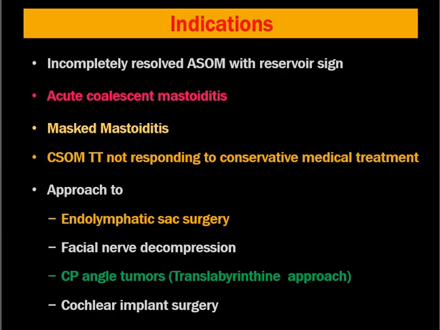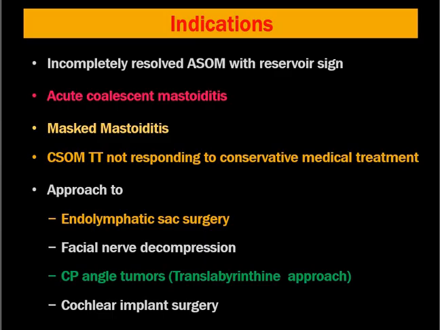So that has to be removed by cortical mastoid surgery. In masked mastoiditis, the symptoms and signs of mastoiditis are decreased but the disease is still there. It is most commonly due to inadequate treatment. So in this case, we have to perform cortical mastoid surgery.